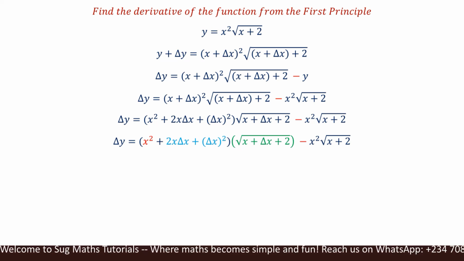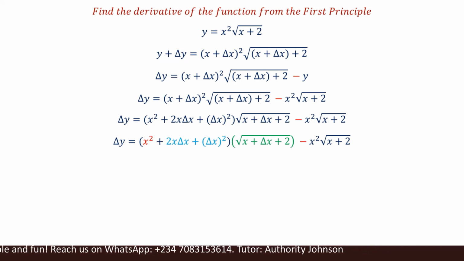Good. Now look at this. We want to do it, but we want to do it partially. So what I'm going to do is, in this first bracket where we have x squared plus 2x change in x plus change in x in bracket squared, I'm going to use this root outside to multiply the first term and multiply the second and the last term together.